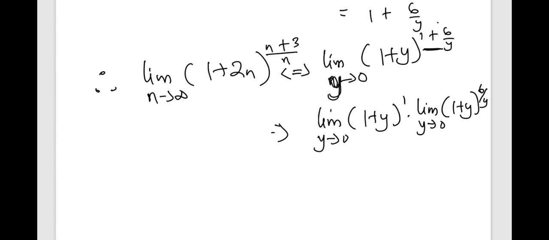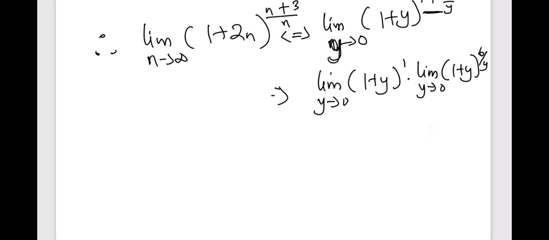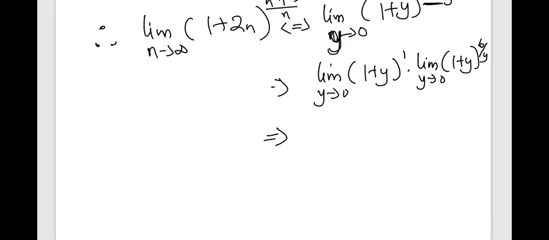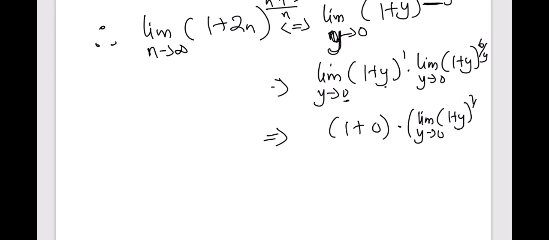Since the bases were the same, we added their powers. So as y goes to 0, we have 1 + 0 times the limit as y goes to 0 of ((1 + y)^(1/y))^6, like this.